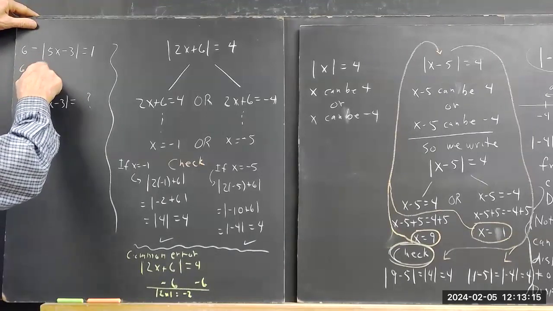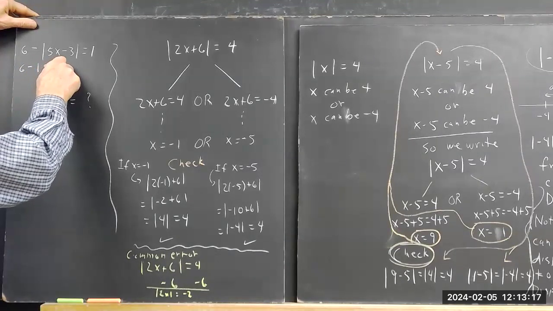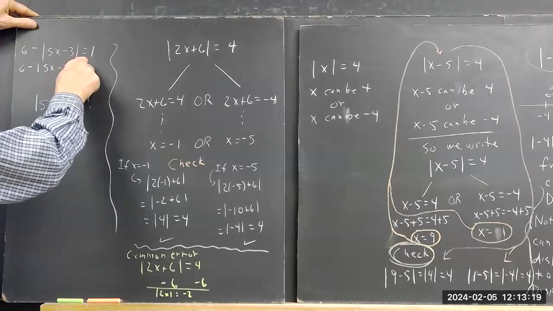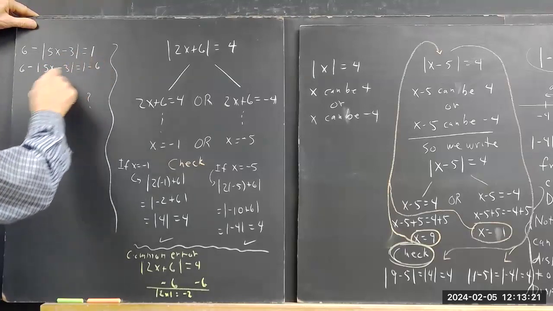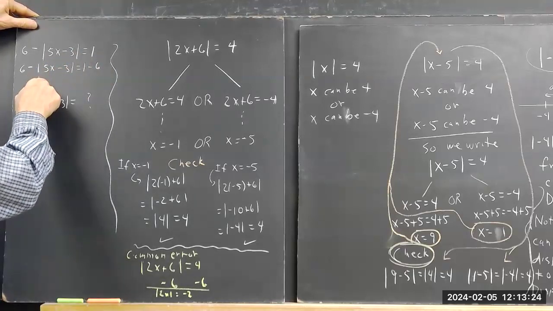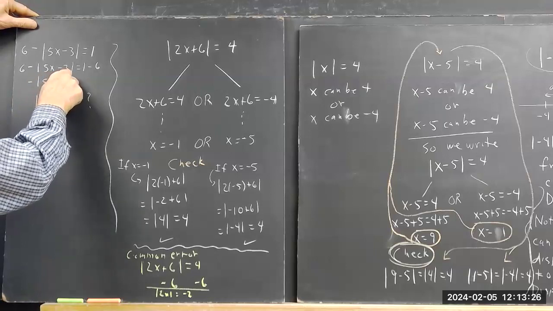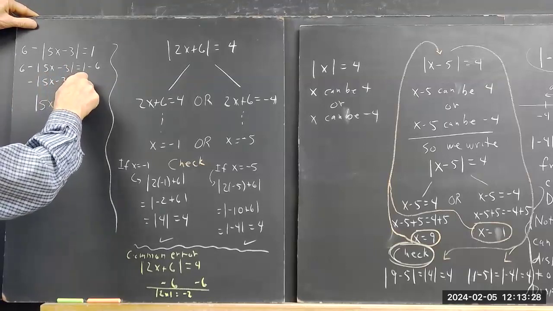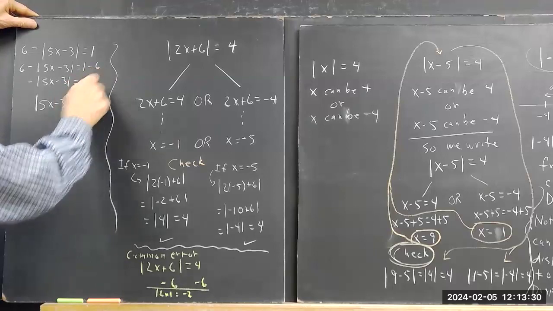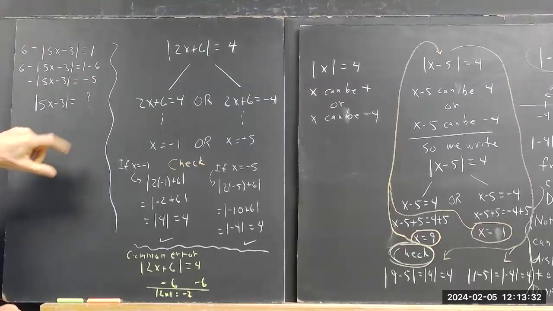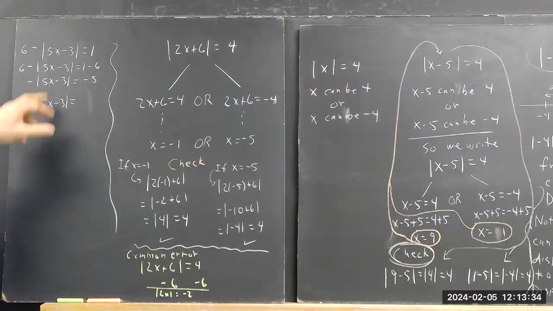You're going to have 6 minus the absolute value of 5x minus 3 equals 1 minus 6, which means that then minus the absolute value of 5x minus 3 would equal -5. Can you see that okay?